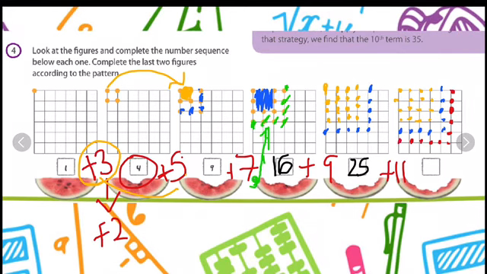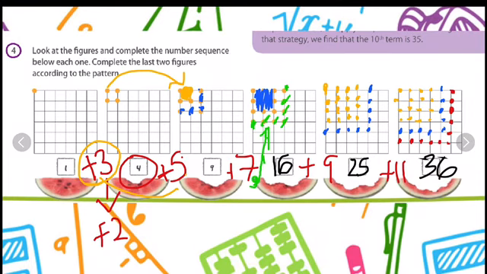How many do I have now? 36. That is my answer right here. So that means 25 plus 11 will be 36.